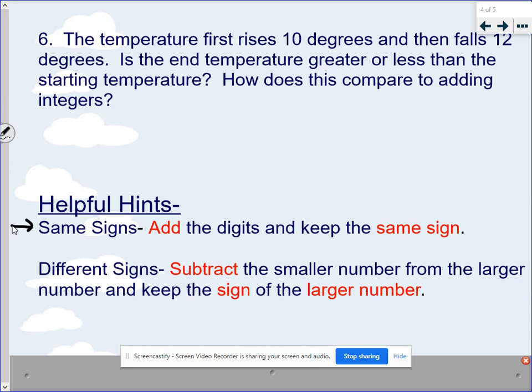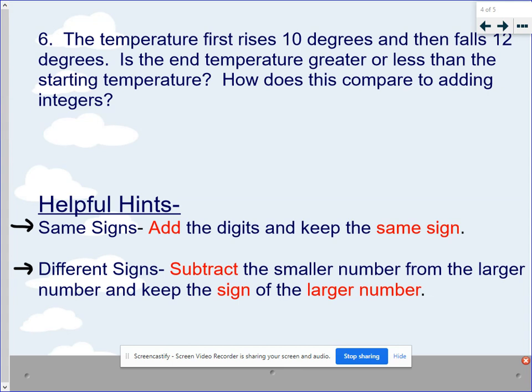And then our last one, different signs, subtract the smaller number from the larger and keep the sign of the larger. Mrs. First likes to call this different signs, take the difference, keep the sign of the larger. You will constantly hear Mrs. First repeat that. Same sign, take the sum, keep the same sign. Different sign, take the difference, keep the sign of the larger.